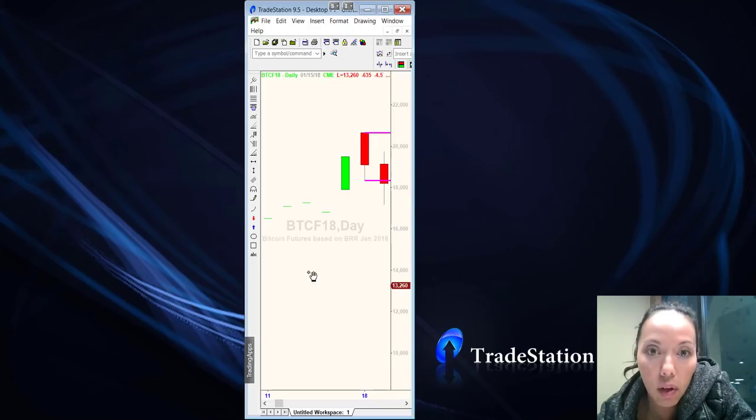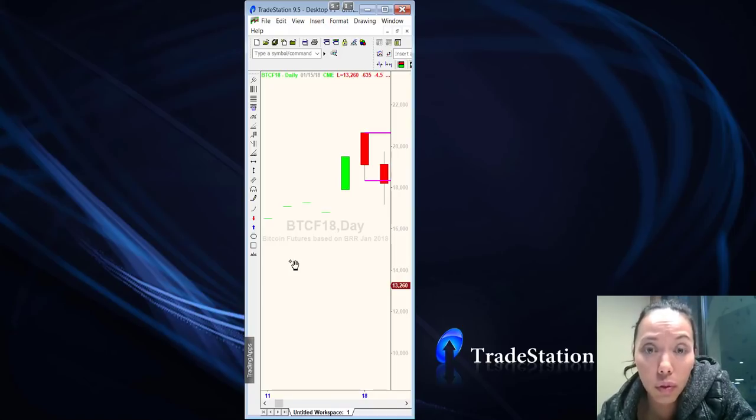Since we don't have a lot of price history, we don't have any data to go off of. When we look to the left, I don't see areas of resistance or areas of support down here. That's why a lot of traders really aren't trading it, because we need more historical data to have price points that'll lead us to higher probability trades, either for a long or a short.